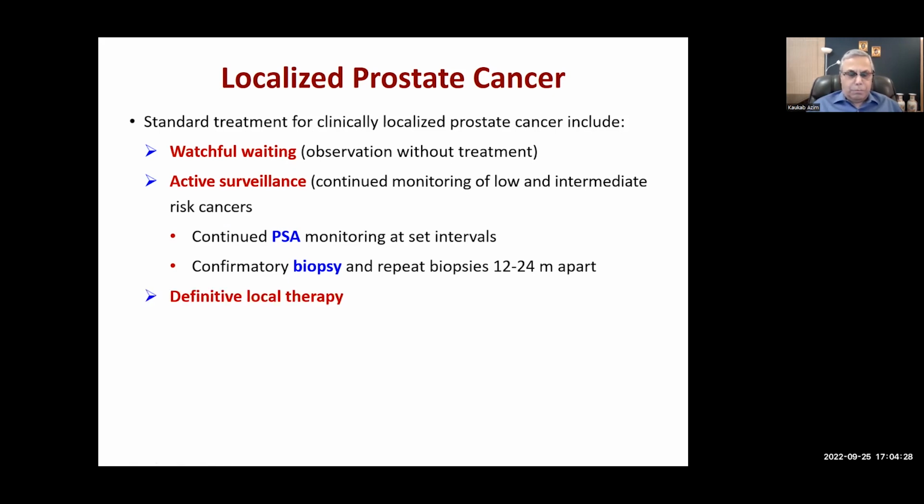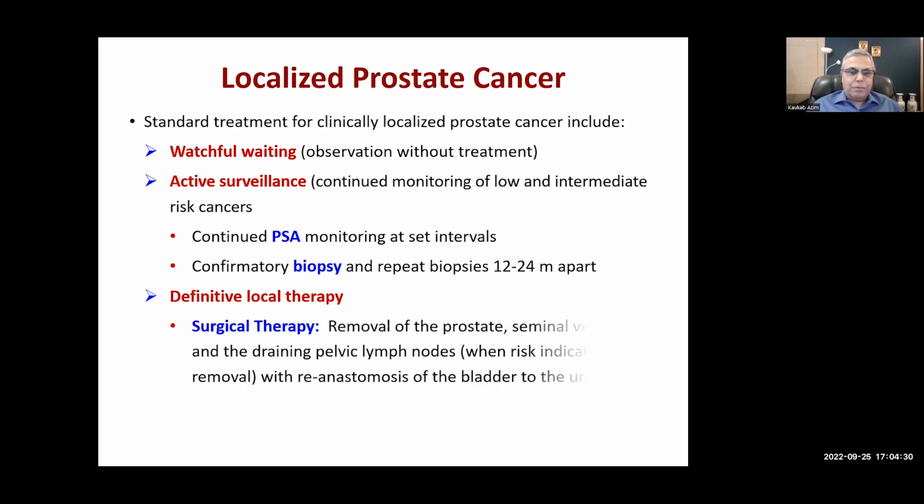Or we have other option, which is definitive local therapy, which includes surgical therapy. And surgical therapy means you remove the prostate gland and you do a radical prostatectomy, which means not only prostate gland, you remove the seminal vesicles as well. You remove the draining pelvic lymph nodes as well.